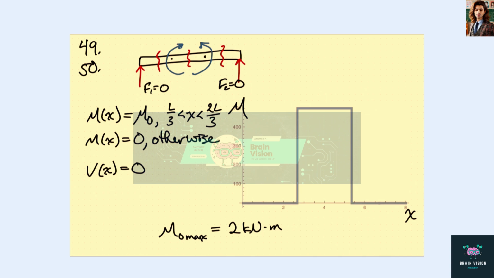So as long as this value is less than 2 kilonewton meters, then we have no problem. So the maximum point torques or point moments you could put at these 2 points, or actually any symmetric points, or actually any 2 points really, is 2 kilonewton meters.